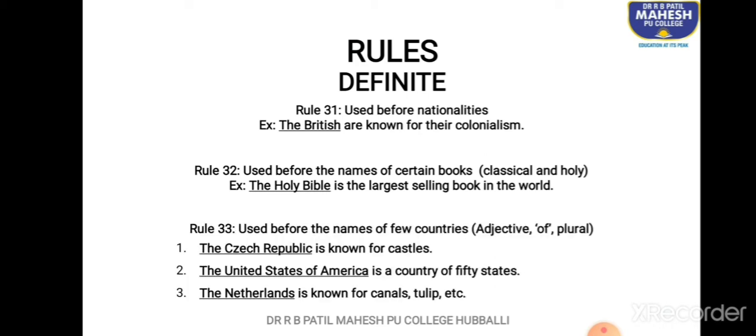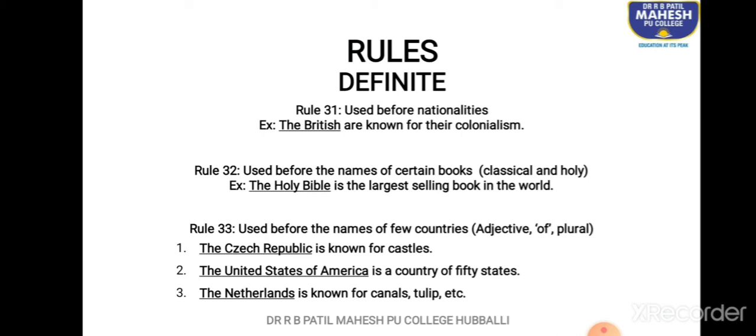Rule number 33, a little complex one, but please pay attention and understand this rule. Used before the names of few countries. Not all the country names, but for few one can use definite articles. Well, how can you qualify these countries? There are three prominent things here.